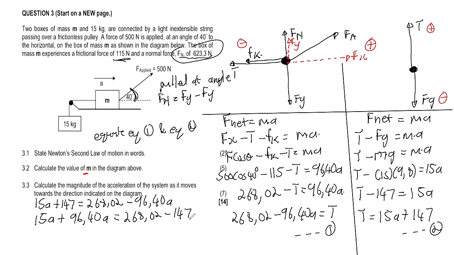Then that means it's 15 plus 96.4. That's 111.40. Then 268.02 minus 147. It's 121.02. Then 111.40, and then here 111.40. And then my acceleration, that's 1.09 meters per second squared.